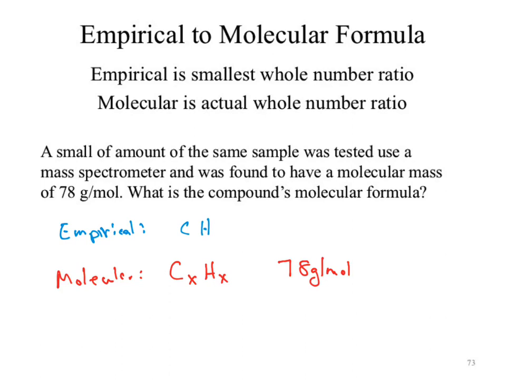So how could I possibly figure out what those X's are? Well, if they're equal, and you have two elements, can you just do 78 grams divided by 2? What's 78 divided by 2? 39. So you're saying our formula should be C39H39?